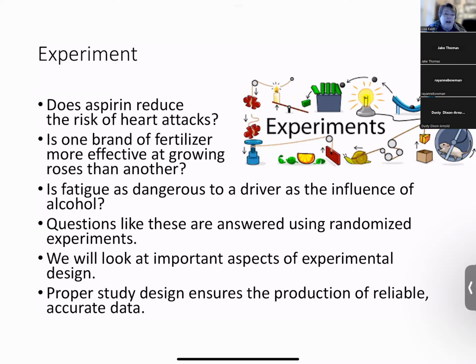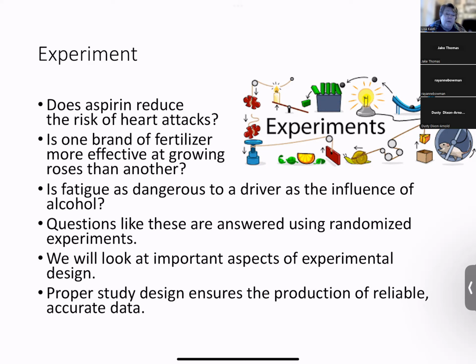Is one brand of fertilizer more effective at growing roses than another? Something you could certainly conduct an experiment to find out. Is fatigue as dangerous to a driver as the influence of alcohol? I've seen that they've done studies on that. Questions like these can be answered if we use truly randomized experiments. And we're going to look at some of the important aspects of experimental design.